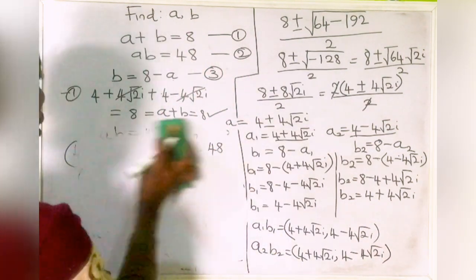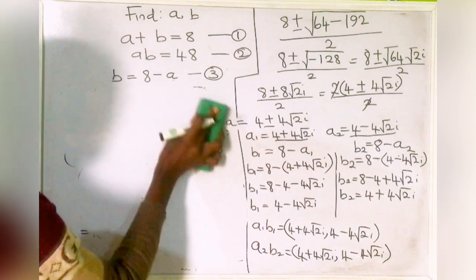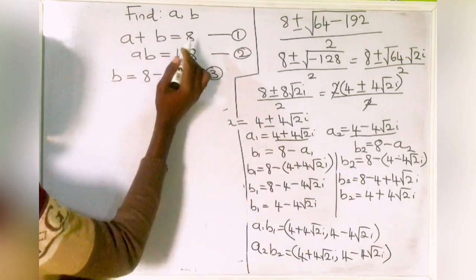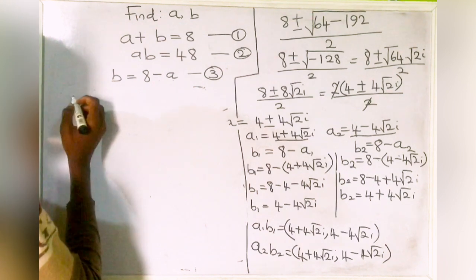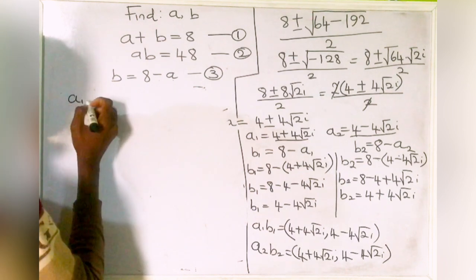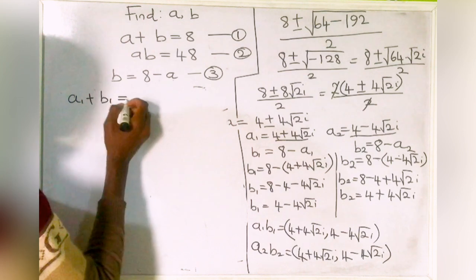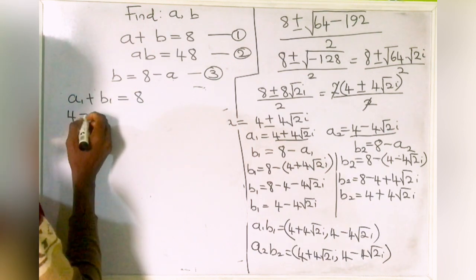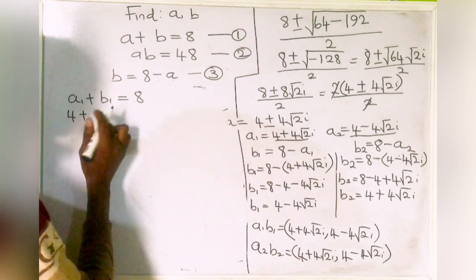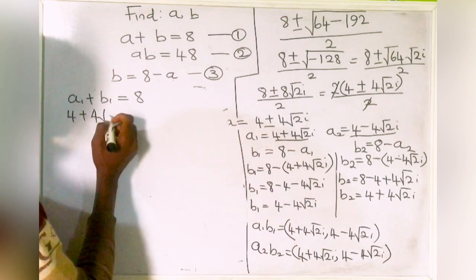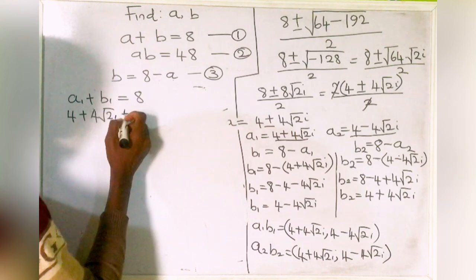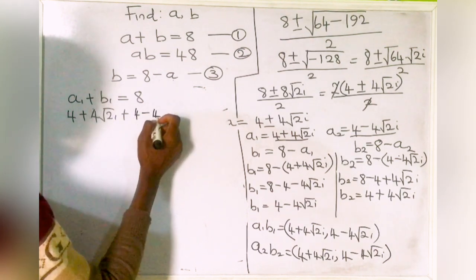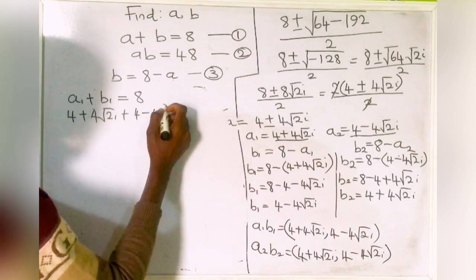Now let's check to see if our answer is correct. Okay, we have a plus b is equal to 8, and let's use our a1. a1 plus b1, let's see if it's going to be equal to 8. a1 is 4 plus 4 root 2i plus, and our b1 is 4 minus 4 root 2i.